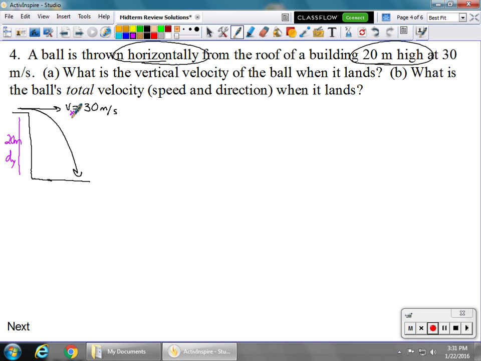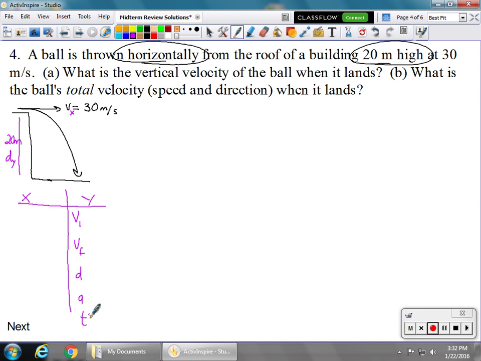So when we're solving something that's going to be a projectile, we want to set up an xy table. We want to look at the variables in both directions because both directions have independent velocities and times and distances. In the y direction, because of gravity, we're going to have acceleration.